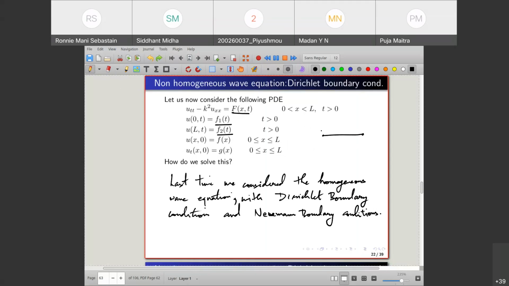And similarly, at this other endpoint, the position is given by f2(t).